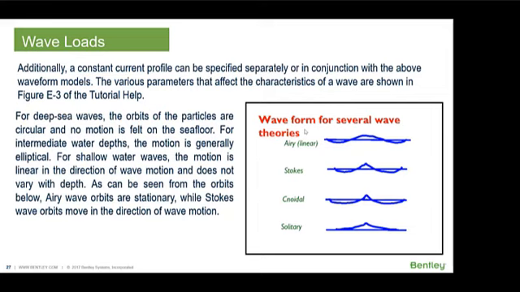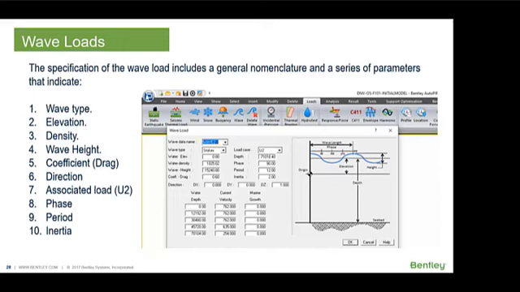The importance of this is mostly to be more consistent with the actual wave that we have in a specific zone, and put it in AutoPIPE regarding, of course, the pipeline. Okay. So when you are in AutoPIPE, what happens? You go to loads, and you go to wave.